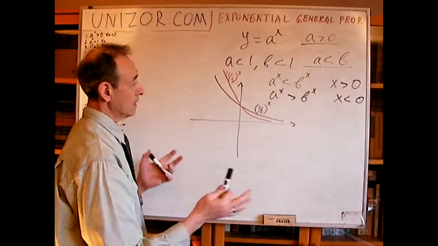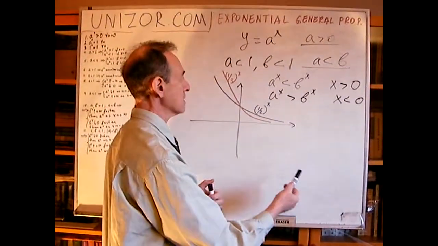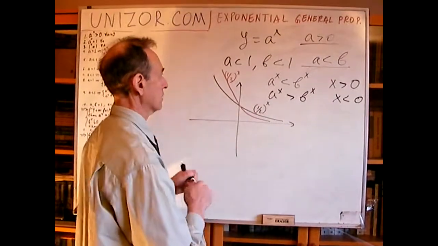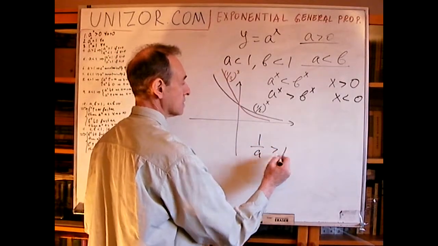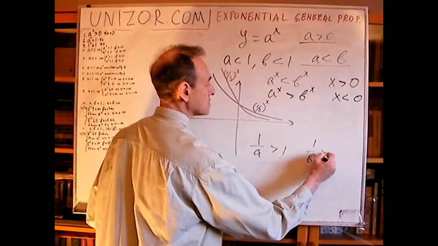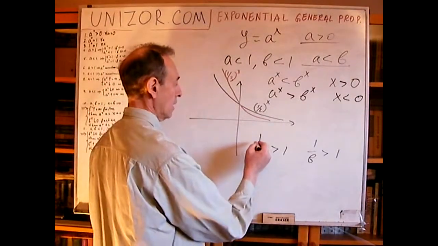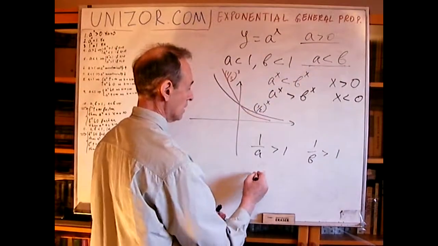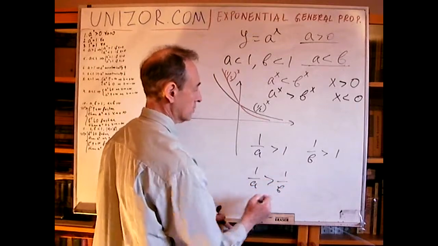Okay. So basically, this is exactly equivalent to the previous case, and the proof is based on the fact that if a is less than 1, then 1 over a is greater than 1, and 1 over b is greater than 1. And that's why we can use the previous theorem for 1 over a and 1 over b. So if a is less than b, then 1 over a is greater than 1 over b, right?